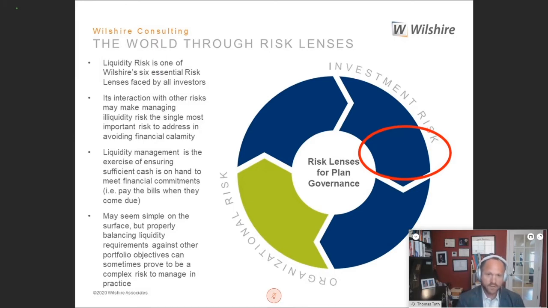Suffice to say, we think that liquidity is one of the six essential risks that investors need to manage in order to have success. I don't think that's a controversial statement, but the details and the intricacy of managing liquidity can get pretty complex pretty quickly. And so one of the questions which came up in a prior investment committee meeting was, what are some best practices in terms of managing liquidity? And so we wanted to try to address that question here in this section.